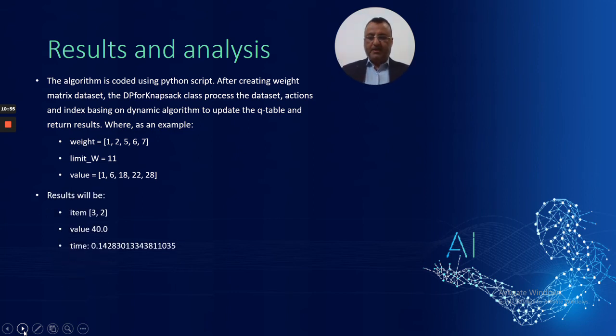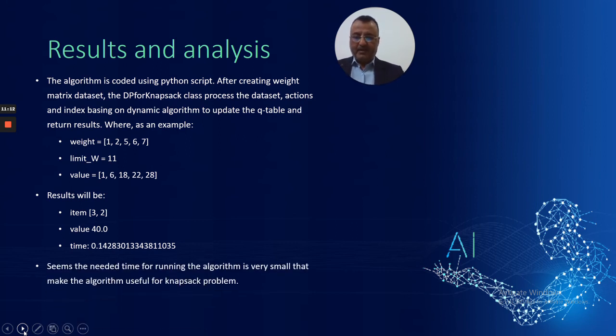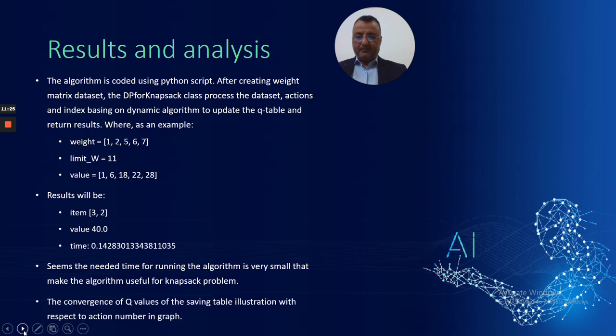The result will be items 3 and 2, value 14, time 0.1428301. It seems the needed time of running the algorithm is very small, which makes the algorithm useful for the knapsack problem.